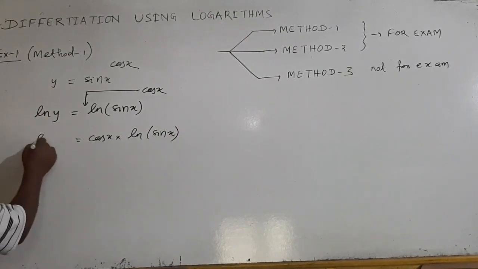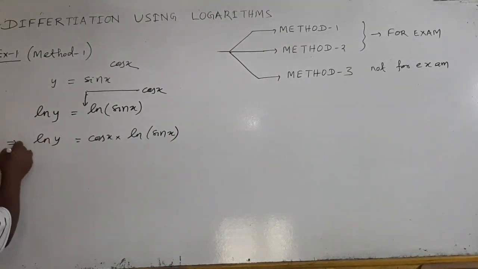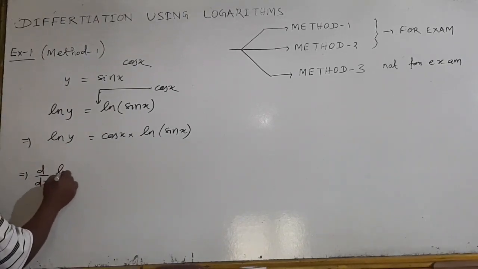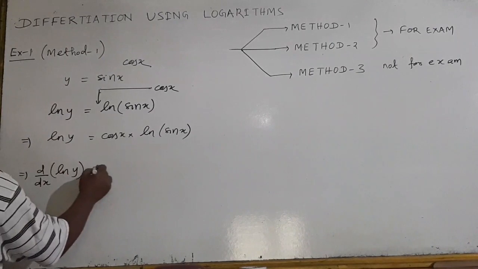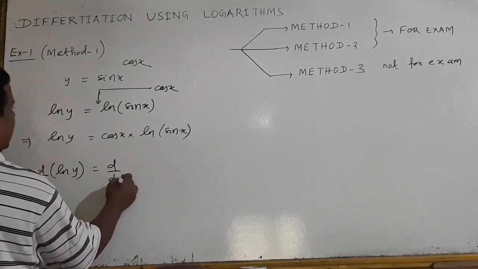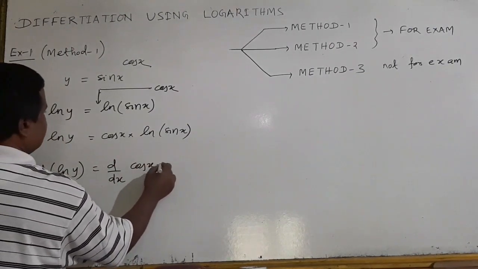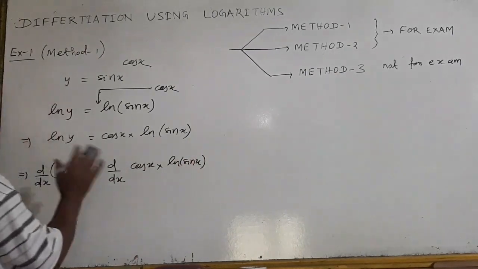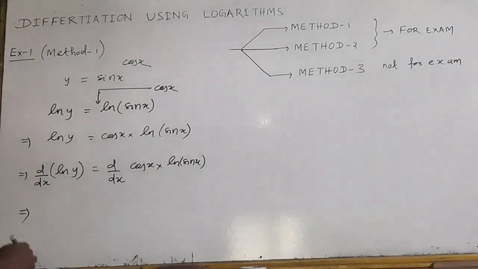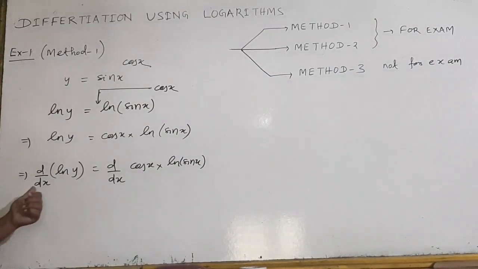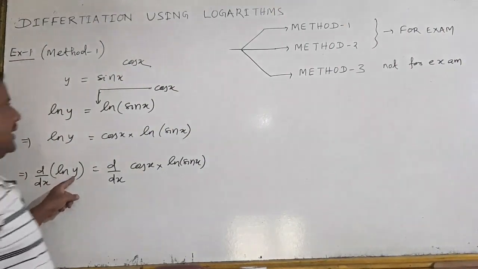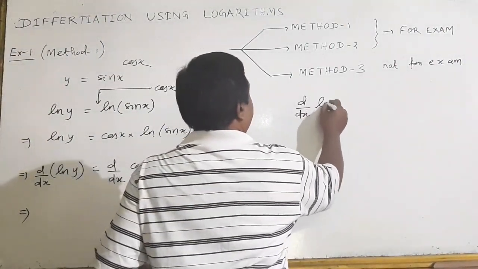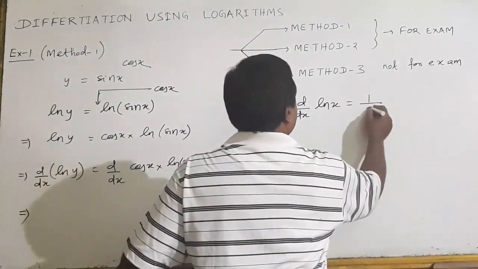Okay, now ln y implies, taking the differentiation on both sides: d by dx of ln y is equal to d by dx of cos x into ln sin x. Now, both sides are very interesting. You already know d by dx of ln x is 1 by x.